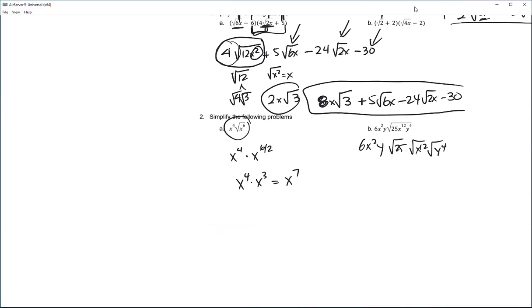Let's simplify this. This is 5x to the 6th y squared. And then you're going to multiply this by 6x squared y. You combine everything, this should be 30x to the 8th y to the 3rd power.